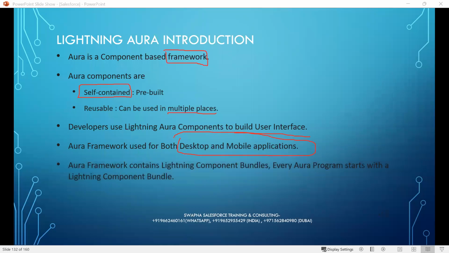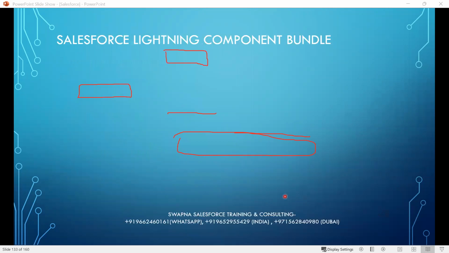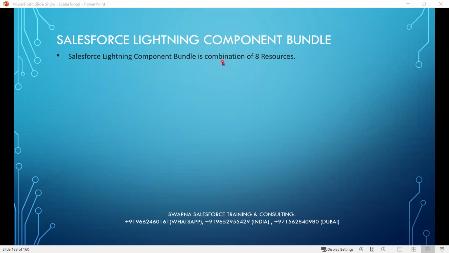The Aura framework contains the Lightning component bundle, and every Aura program starts with a Lightning component bundle. So what is the Lightning component bundle? The Lightning component bundle is a set of necessary resources related to the component. It is a combination of 8 resources.